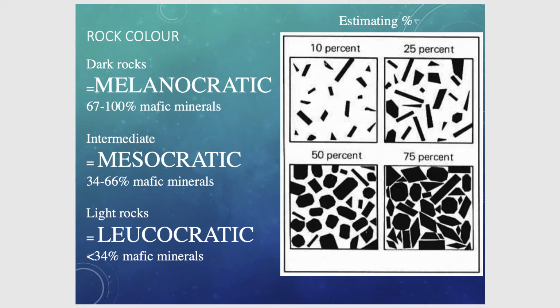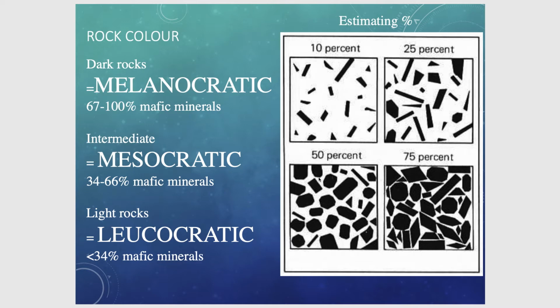So these are leucocratic rocks, or you could call a rock that is between 34 and 66, like this example here, a mesocratic rock, and I would be fine with that. So in essence, the phenocrysts will be critical.